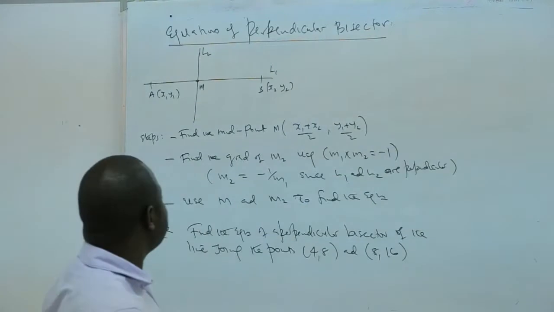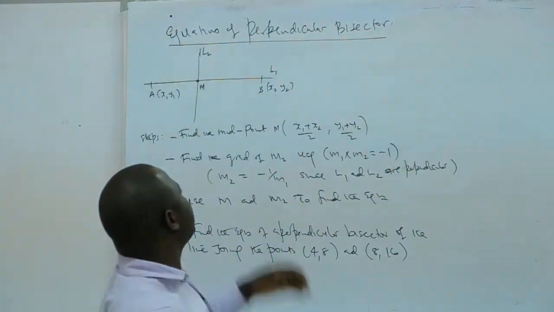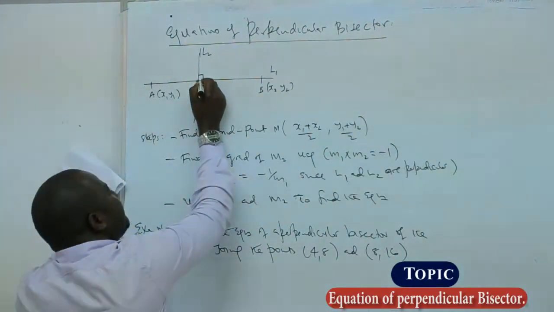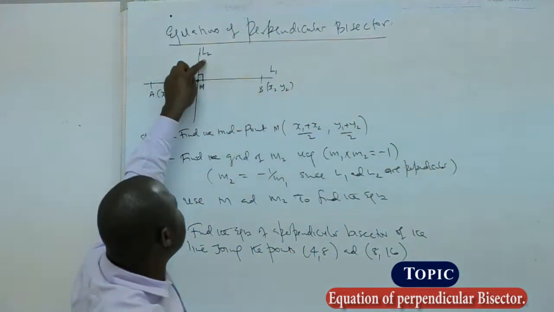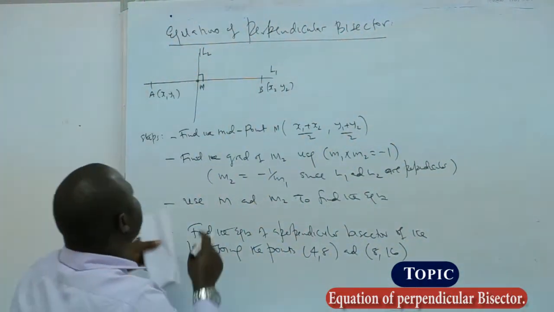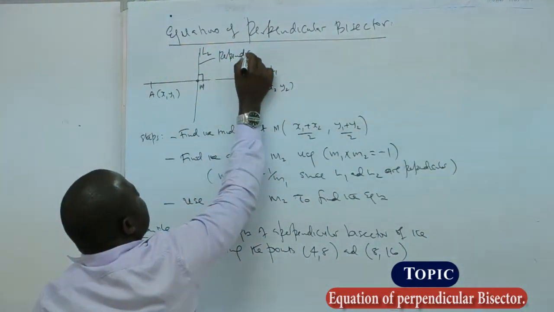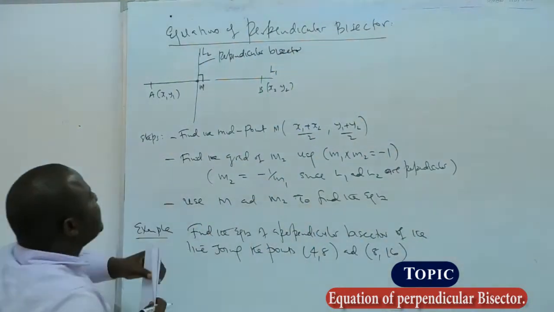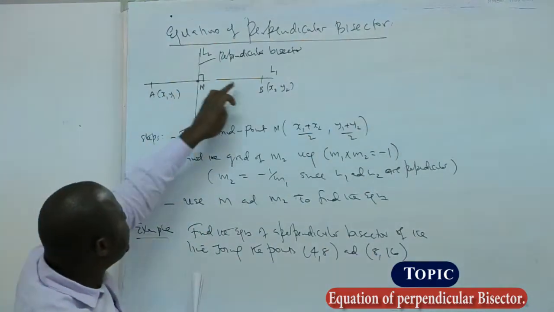After that, find the gradient using the concept of perpendicular lines. Since this is a perpendicular bisector, it is perpendicular to L1.